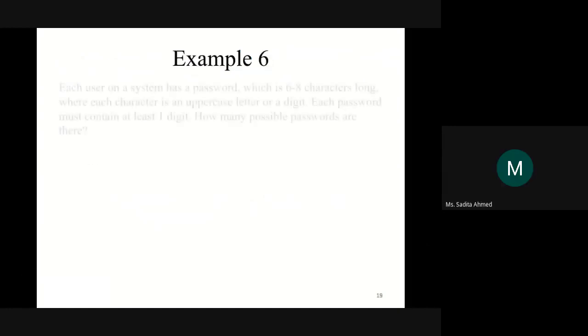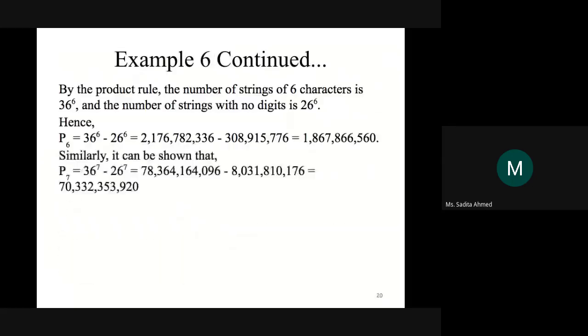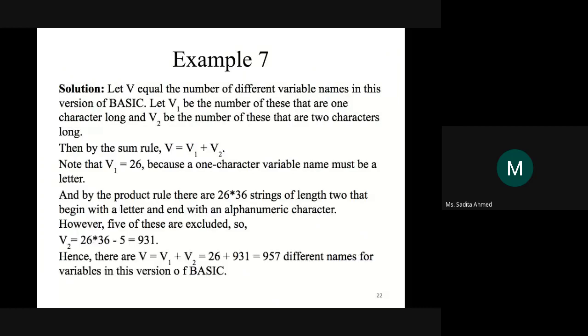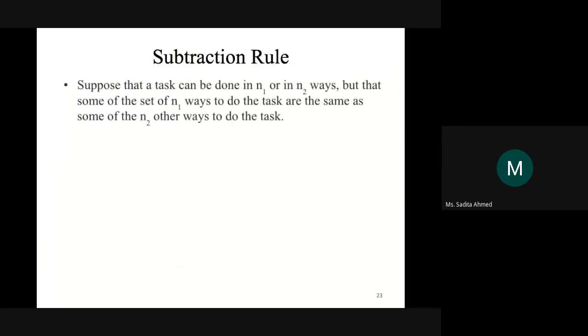So if a task can be done in either one of two sets of ways, in any one of n1 ways or in any one of n2 ways, however, in this case, some of the n1 ways to do it are the same as some of the n2 ways to do it.